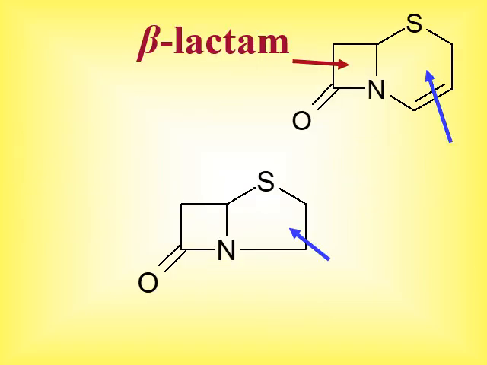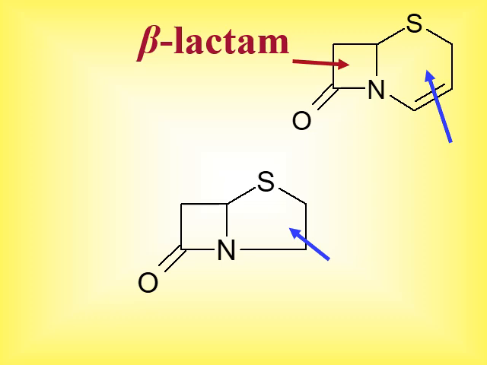What is the difference between the cephalosporin or PNAM and the CFEM? As we see here, the beta-lactam in CFEM is less strained than in PNAM. Why? Because it is fused with a 6-membered ring and not a 5-membered ring.